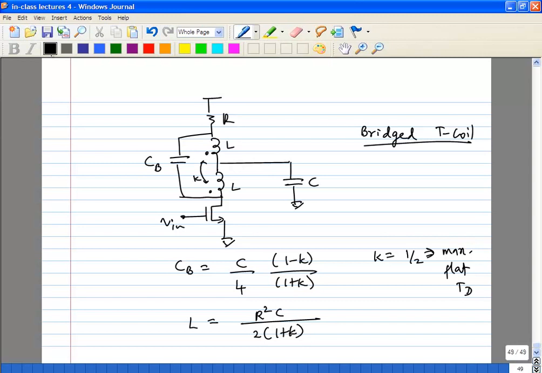K equals 1/3 gives you the Butterworth response, that's a maximally flat amplitude. And of course, most importantly, let's just call it your bandwidth extension factor.